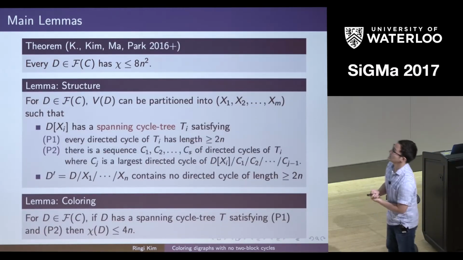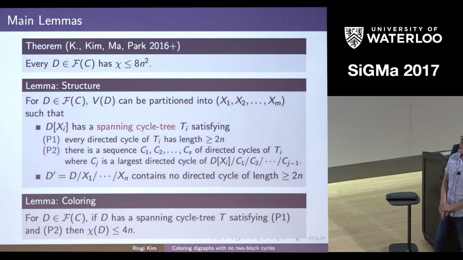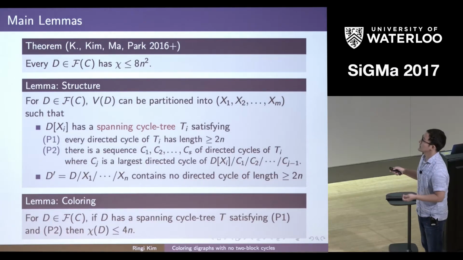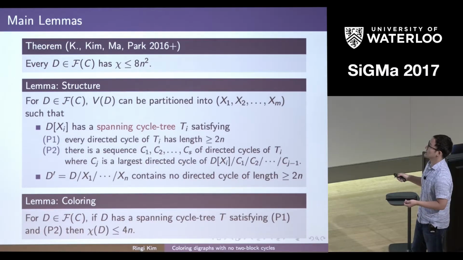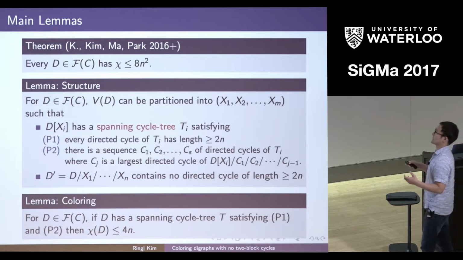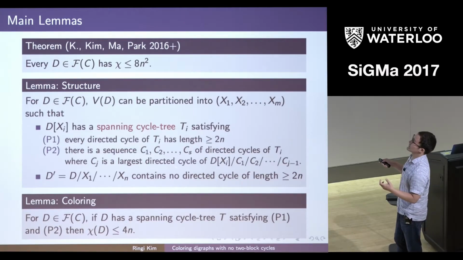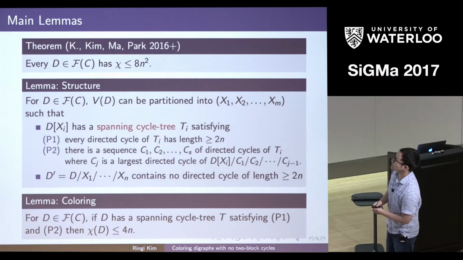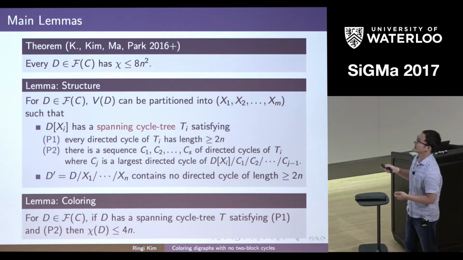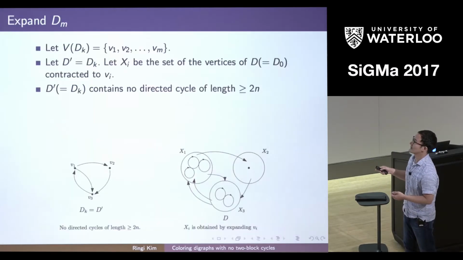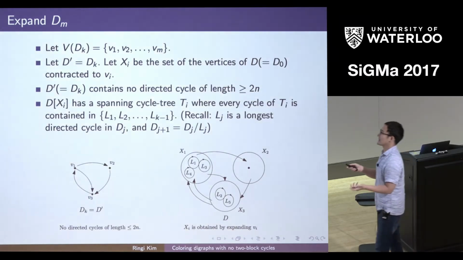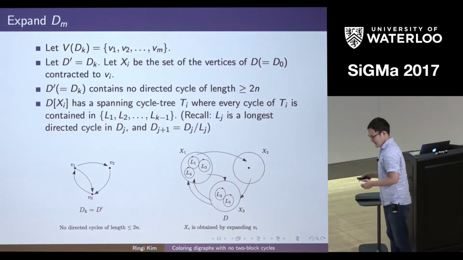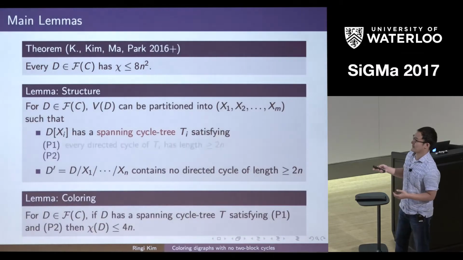So we have this property. So there is a sequence of directed cycles of Ti such that Cj is a large directed cycle of D_xj. Actually, this lemma comes from this contracting and expanding process.